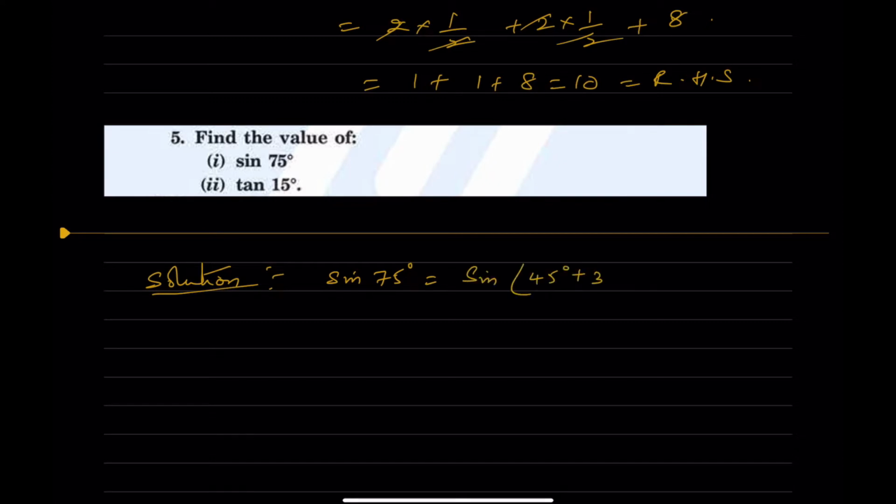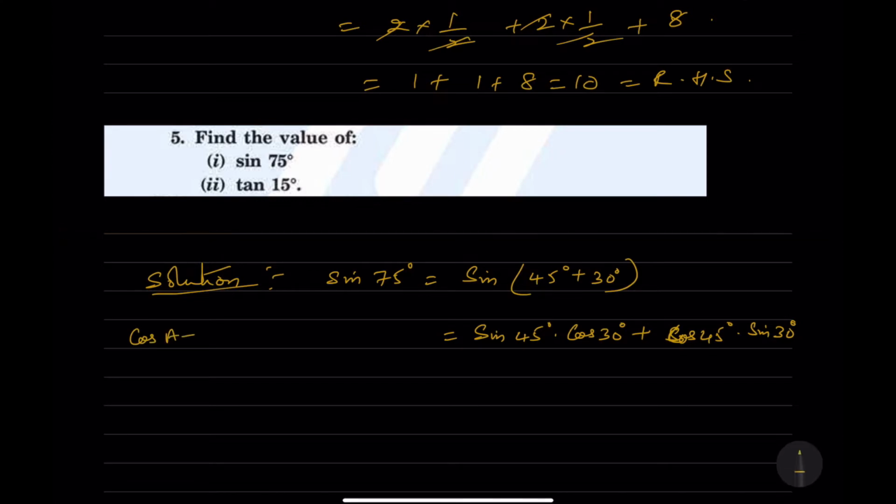Sin A plus B is equal to sin A cos B plus cos A sin B. So therefore sin 45 into cos 30 plus cos 45 into sin 30. So sin 45 is nothing but 1 by root 2.